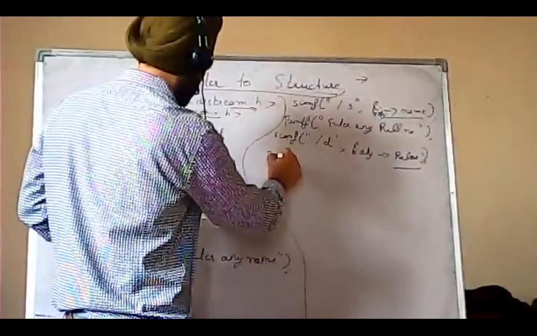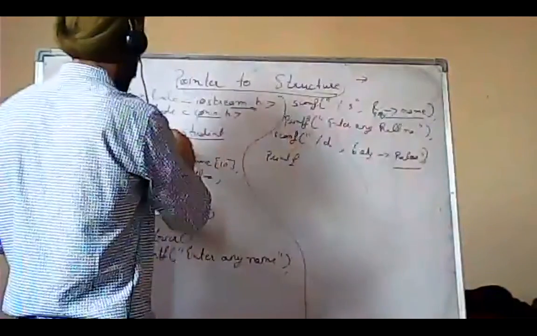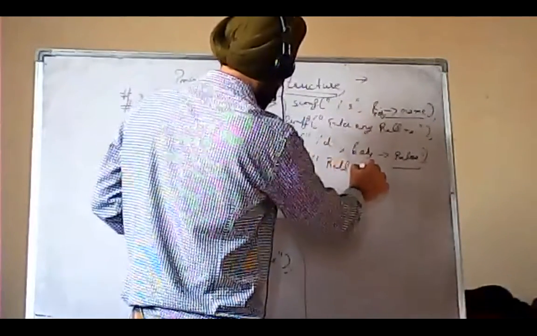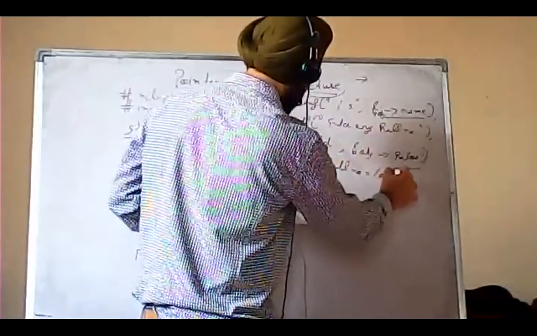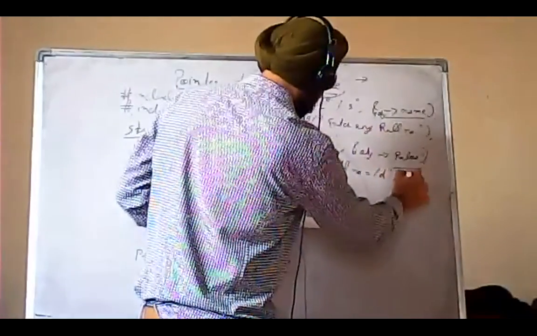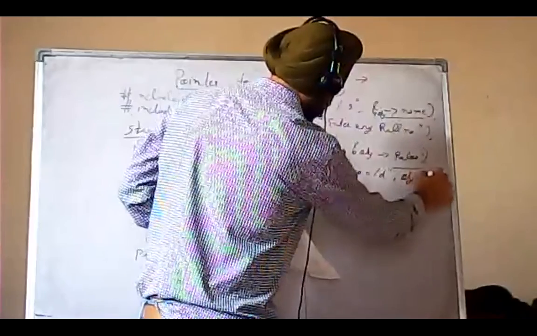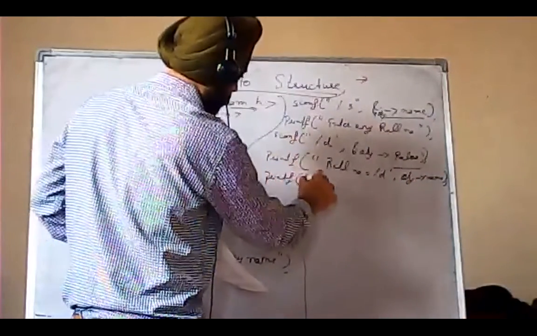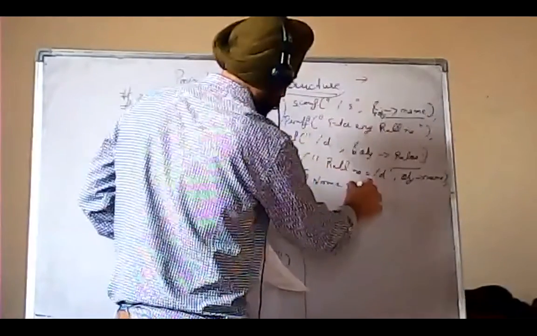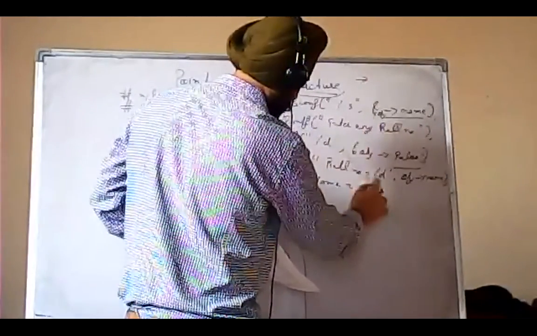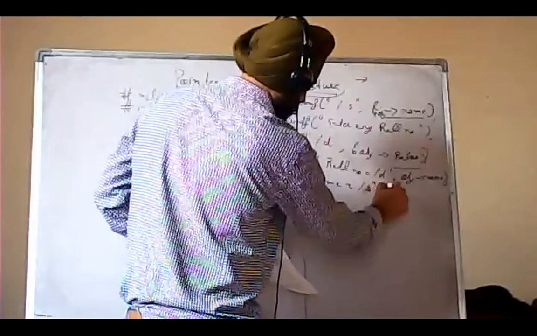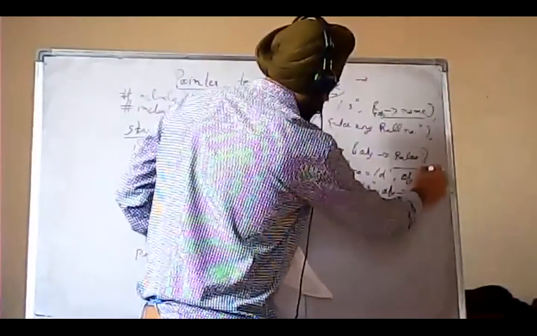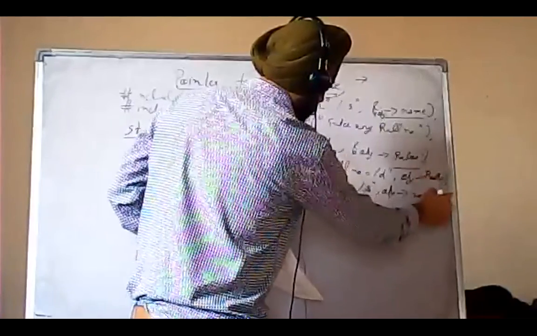So we just print the value. printf roll number is equal to obj arrow roll number, then printf for name is equal to obj arrow name. Here we just write roll number.